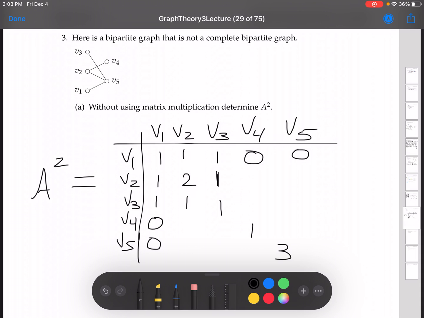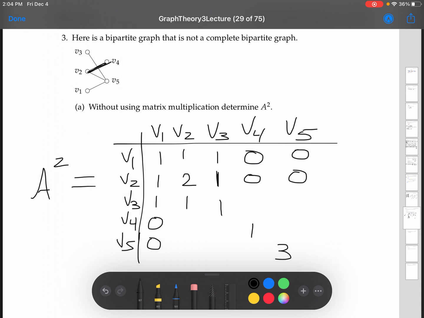Okay, so V2 to V4, there are none. And V2 to V5, there are none. There's a one-edge walk, but not a two-edge walk. Right, does that make sense? So if you're over here, to get over to V4, you can't do it with two edges.